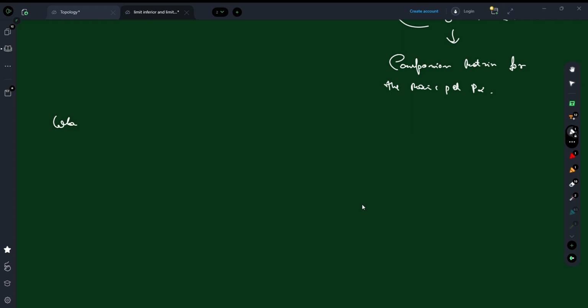What is the determinant of a k cross k companion matrix? Let us try and find it out.